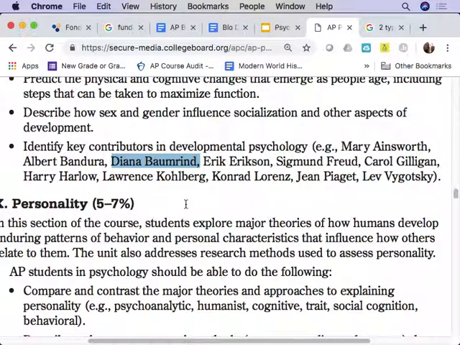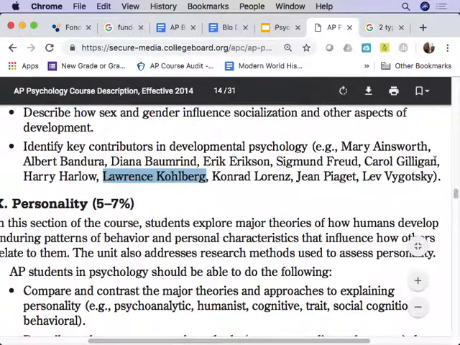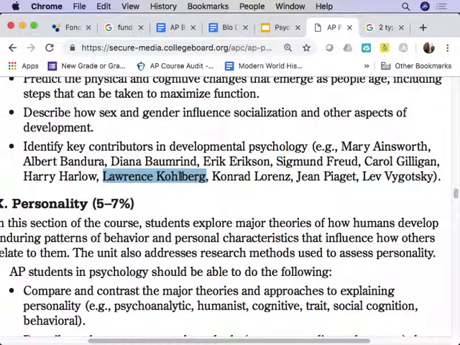Let's see. The other two that we compare together, okay, Kohlberg. And Kohlberg, I want you to picture, because he did moral reasoning. I want you to picture a convent, that's where nuns live, using coal to heat it, so Kohlberg convent.